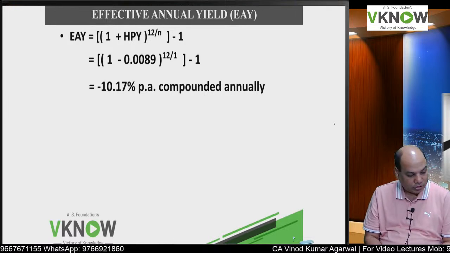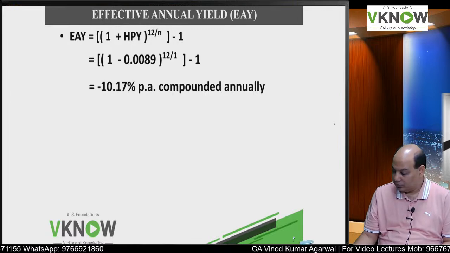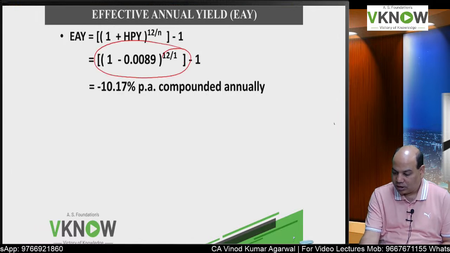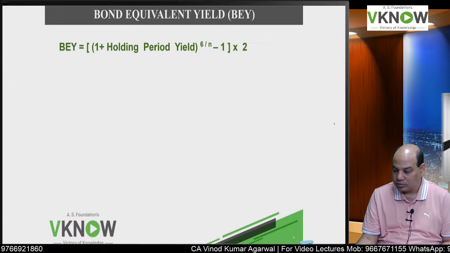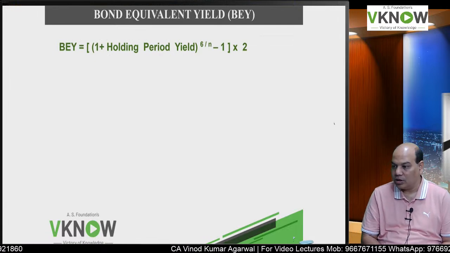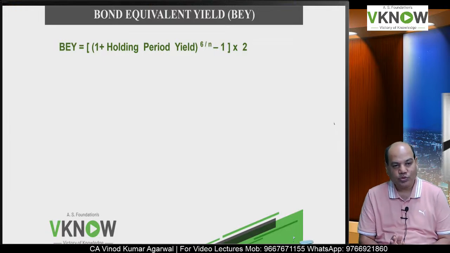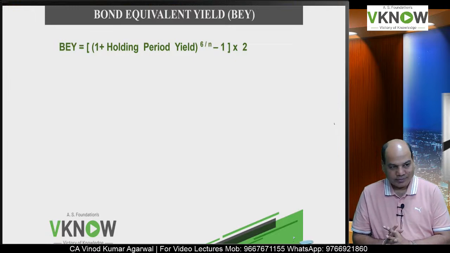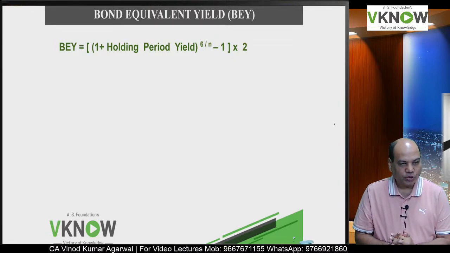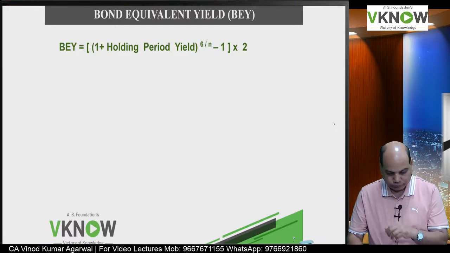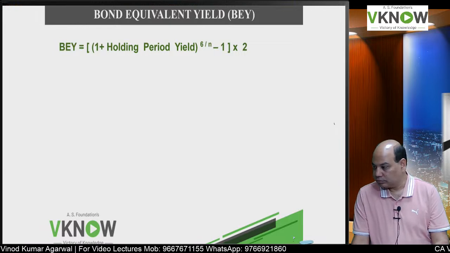And now the next calculation is bond equivalent yield. Here we first do the calculation for 6 months and then multiply by 2. So write down, bond equivalent yield is equal to 1 plus holding period yield to the power 6 by N, minus 1. That gives you the yield for 6 months, into 2. So what is your answer now?